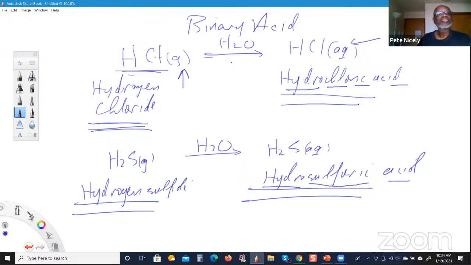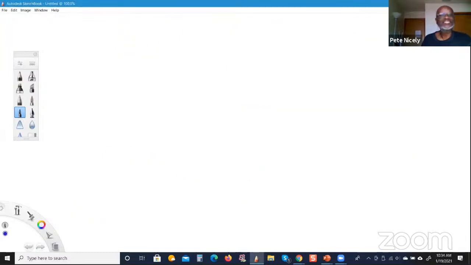So that's how you name binary acids. So let me clear this here. So my question to you is this. What's the name of this compound? HBr gas. What's the name of this?